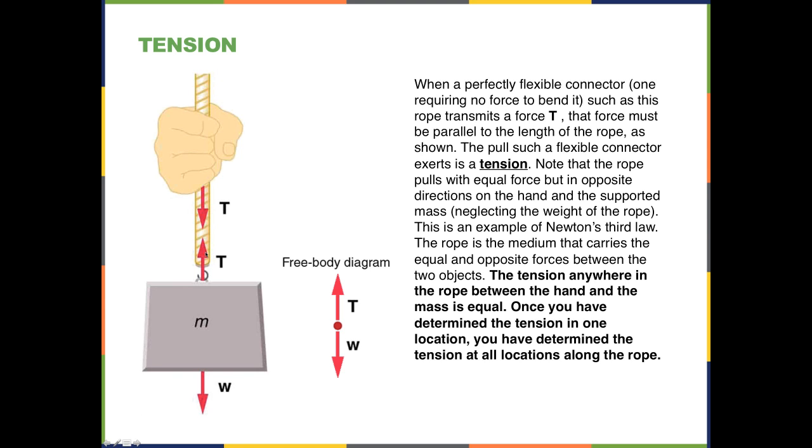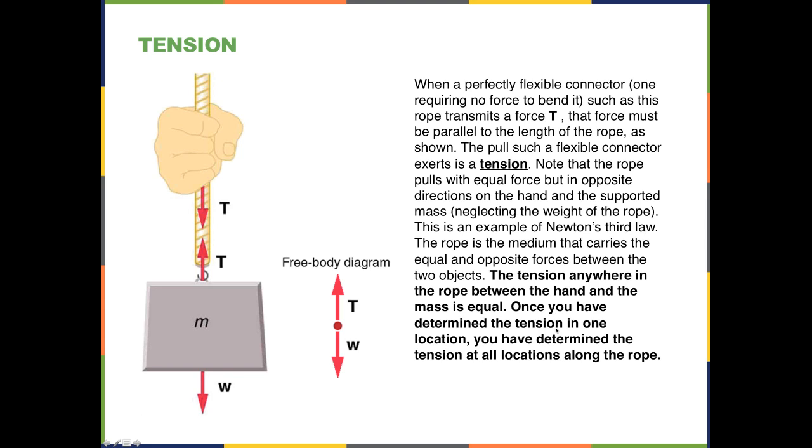The rope pulls in an equal and opposite direction to the weight. Notice that the tension here is equal and opposite to the weight down here. And when you hold it with your hand, this tension experienced by the hand is equal and opposite to this tension. The point being is the tension anywhere in a rope between the hand and the mass is equal.